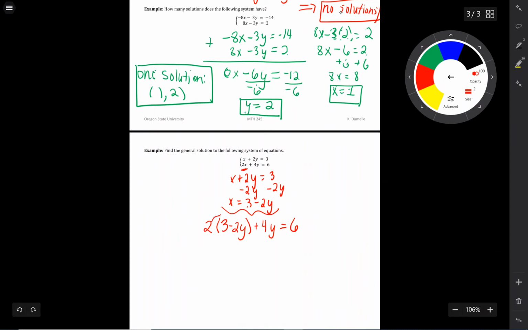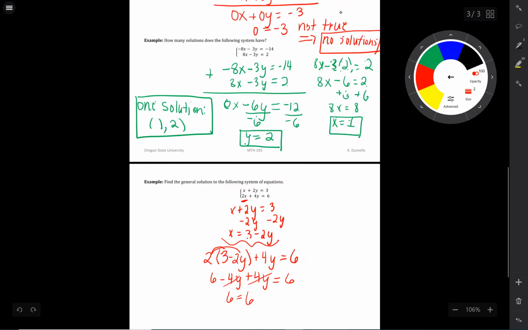If I multiply this 2 out to both of these terms, I get 6 minus 4y plus 4y is equal to 6. My minus 4y and my plus 4y cancel out with each other, and I get 6 equals 6, which is a true statement.